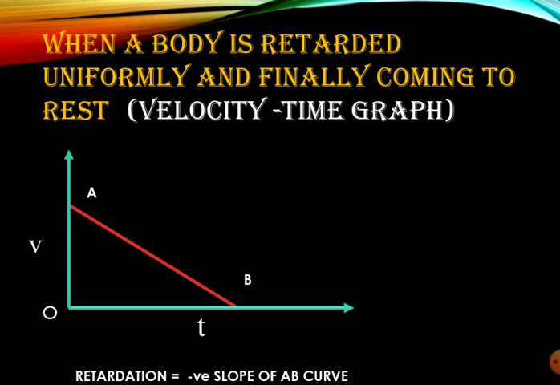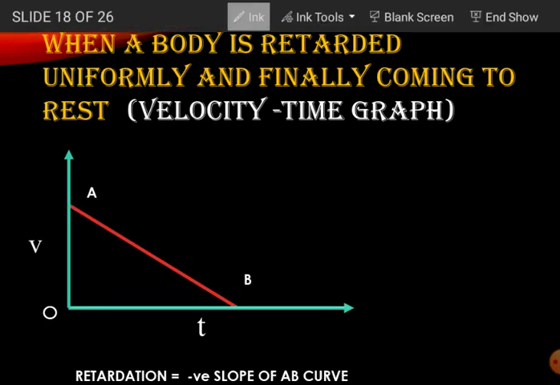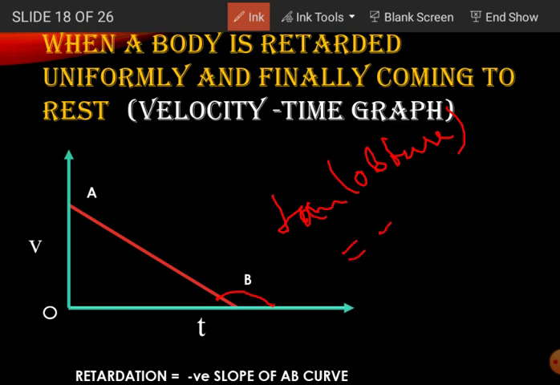When the object is retarding, that means when the body is moving with negative acceleration, uniformly decreasing its velocity by an equal amount, then the graph would be a straight line like this with a negative slope. As I told you, the angle between this graph and the x-axis, we call its tangent the slope. If this angle is obtuse, more than 90 degrees, then the tangent of that obtuse angle will always give you a negative quantity.